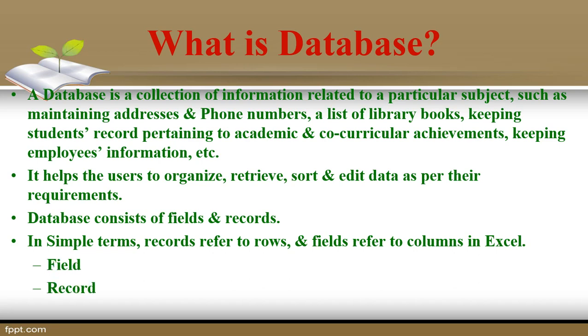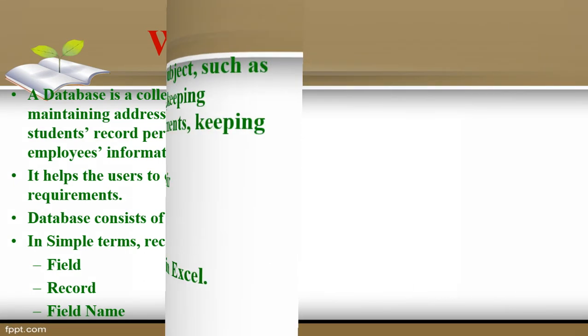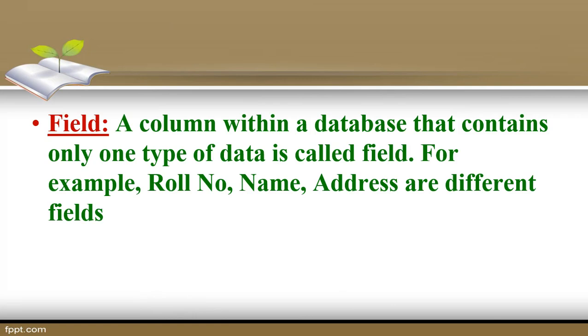Here we are going to learn the meaning of field, the meaning of record and the meaning of field name. A column within a database that contains only one type of data is called a field. The whole database has columns, and each column contains only one type of data, called a field.